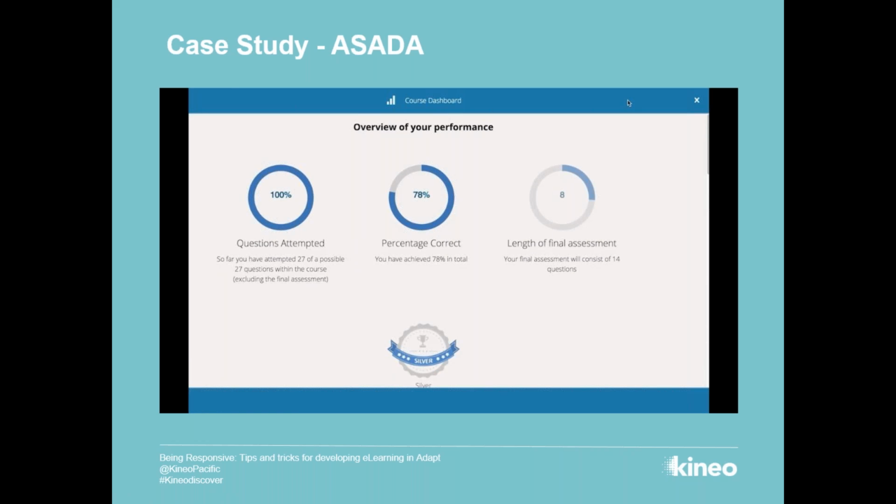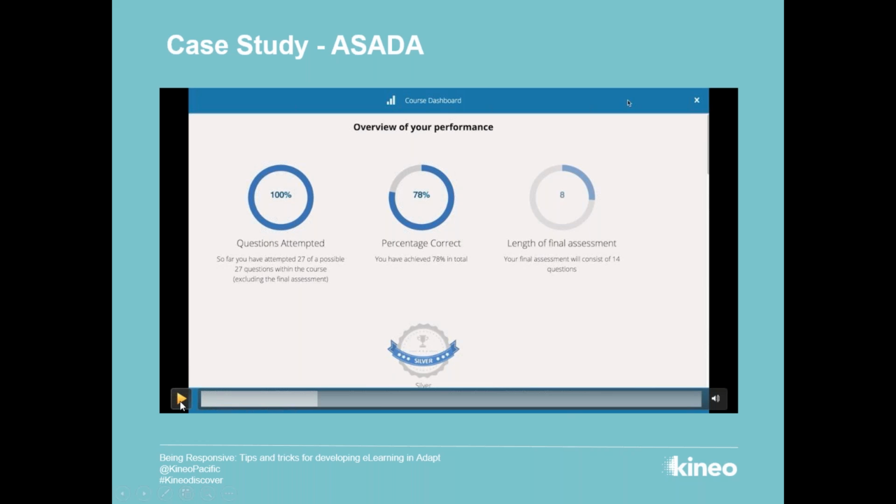The other thing it has in there is a dashboard to review your performance. So you can see on this particular screenshot here, there's the numbers of attempted questions, the percentage they've got correct, and here's where we get the gamification aspect to it, the length of the overall assessment. So we worked with Kineo quite hard; this was the point where we wanted to really challenge our athletes.